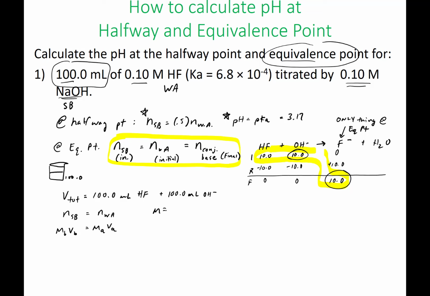The molarity is moles over volume, so if you solve for moles, then you get M times V. So I'm just substituting that in. If we want the volume of base added that's required to get this to happen, then we take our molarity of acid times volume of acid, so 100 times 0.1, and divide by the molarity of the base, 0.10.